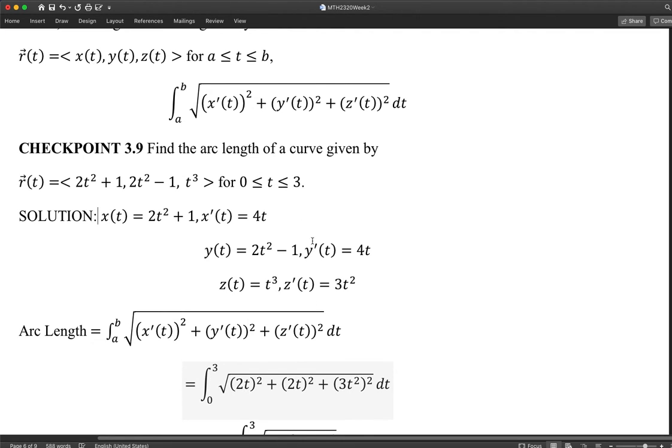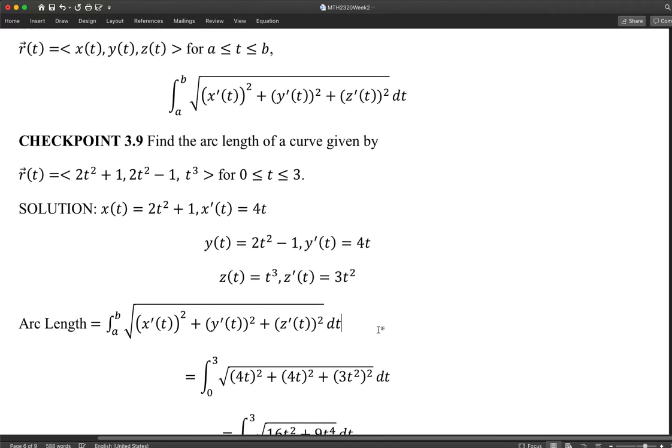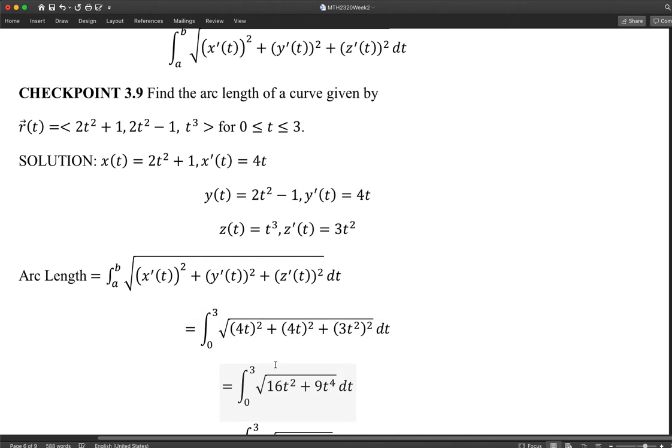X prime is replaced with 4t. Yeah, this should be 4t, and this should be 4t. I believe z prime should be fine. Then 4t squared is 16t squared, and there's another same item, so this should be 32.